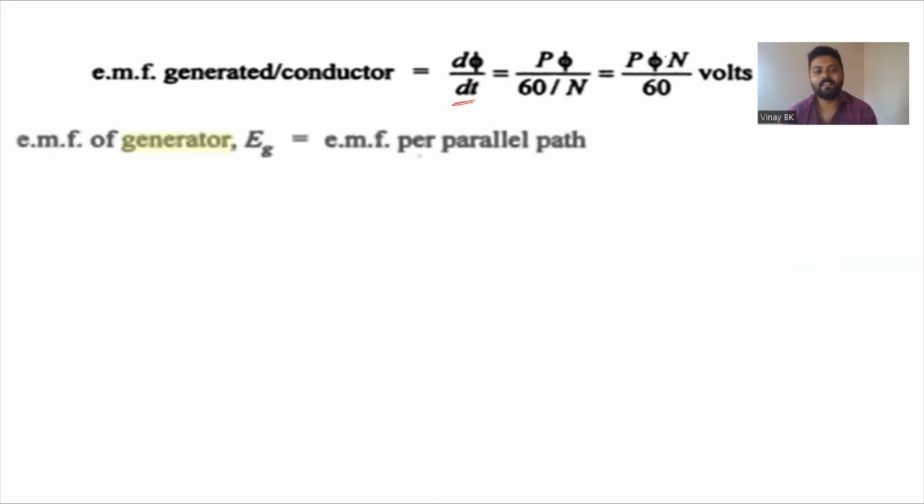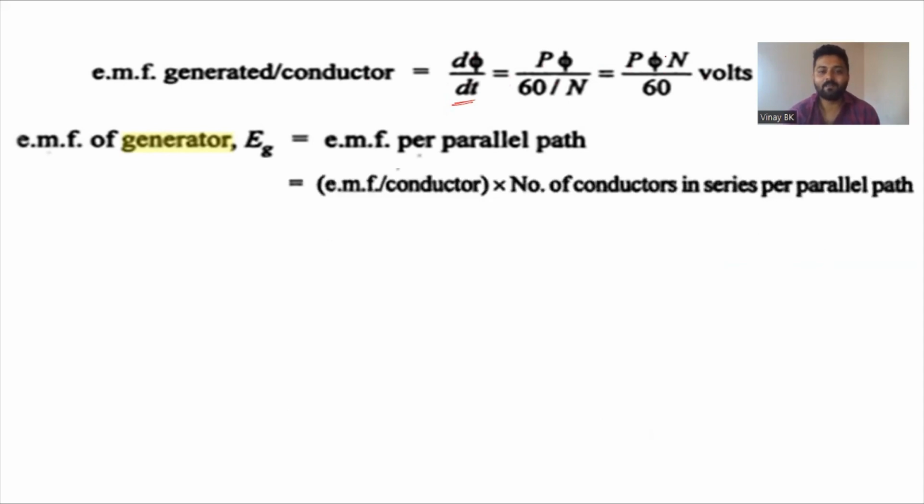Then EMF of generator is nothing but EMF per parallel path. So you can rewrite here, EMF of generator is the EMF generated per conductor into the number of conductors in series per parallel path. So you multiply by Z the expression P phi N by 60 volts for EMF generated per conductor.